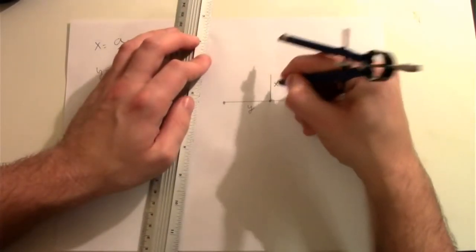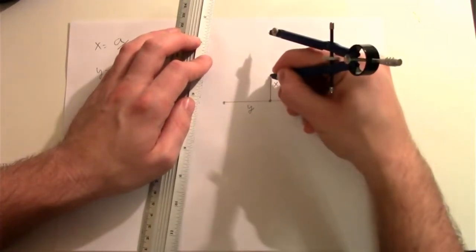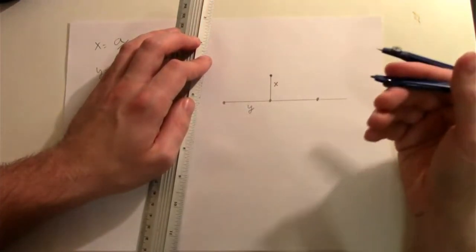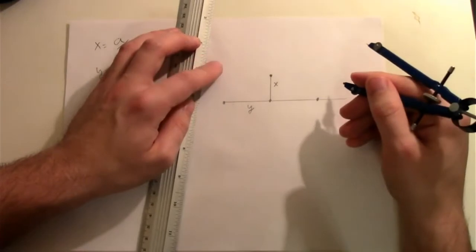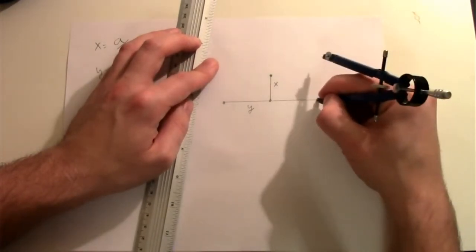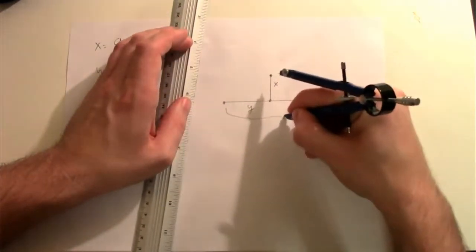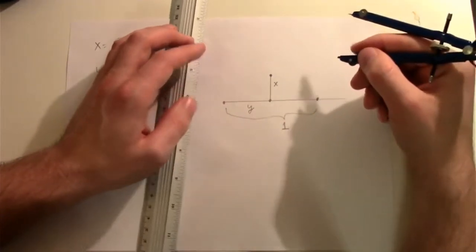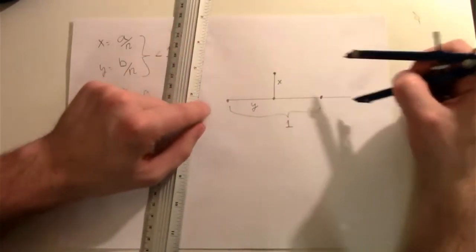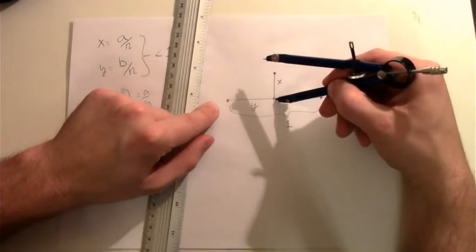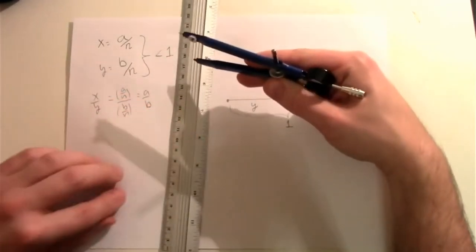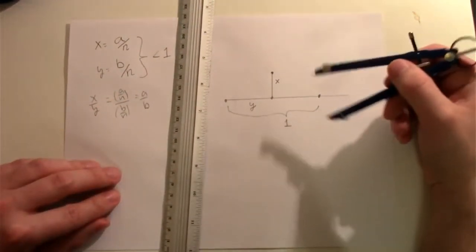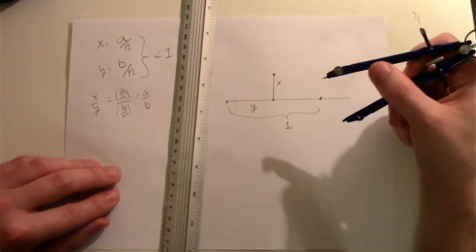Of course, you extend the line further than you think you have to, and then you just copy the distance x, which we can do because we're assuming x to be constructible, along this line. This final point is chosen so that it is the unit point, which of course we know is constructible, and we know is going to be to the right of where y is because of our assumption that we've rearranged these numbers so that they are less than 1.